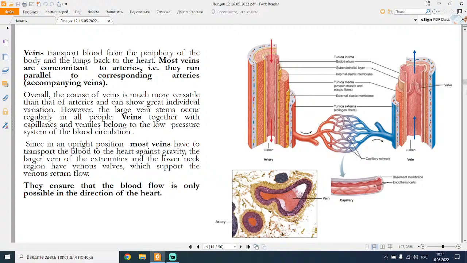What you see is the structure of the vein, the same as arteries, but the wall is very thin.